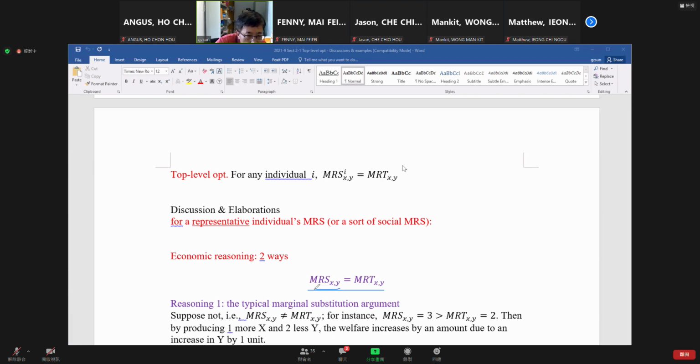Here, the representative consumer can substitute X by Y, and turning to the production technology, we can also substitute X by Y.